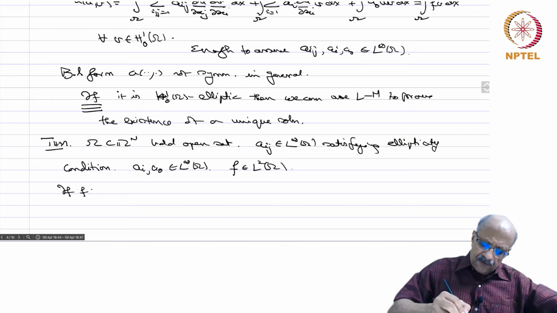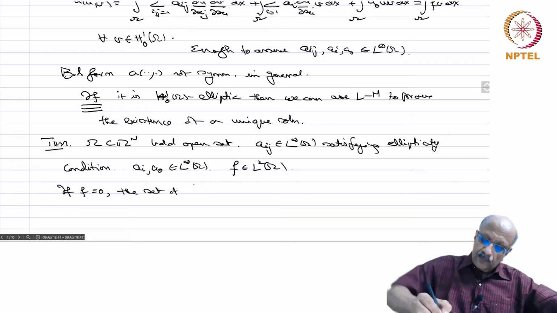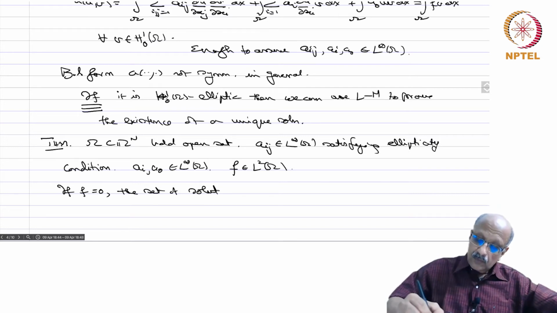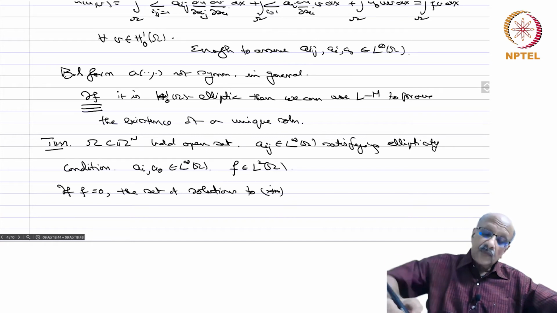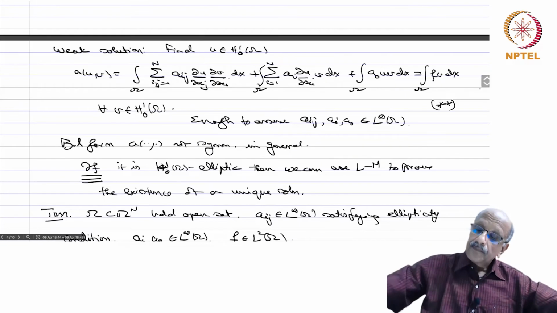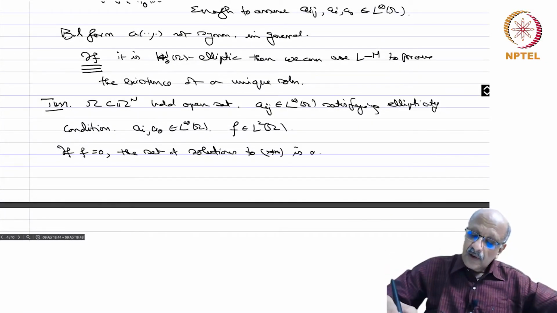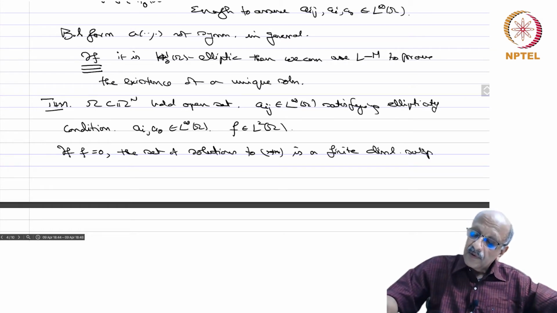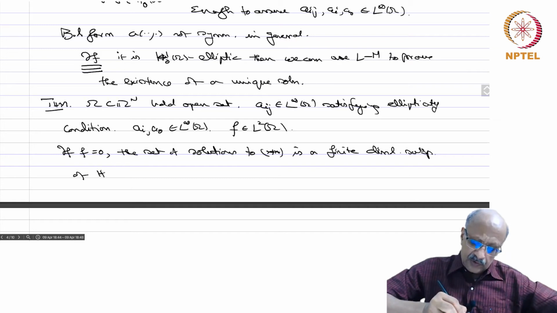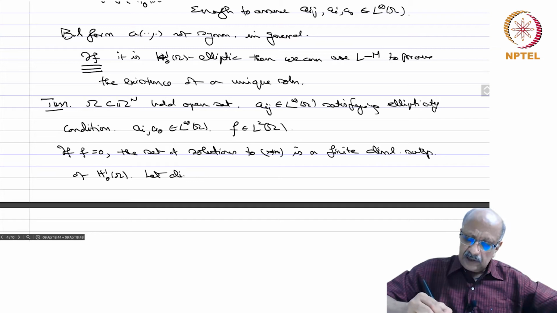If f equals 0, the set of solutions to double star, so let us call this equation double star, okay, this is the weak formulation, is a finite dimensional subspace of H10 omega. So let the dimension equal d.